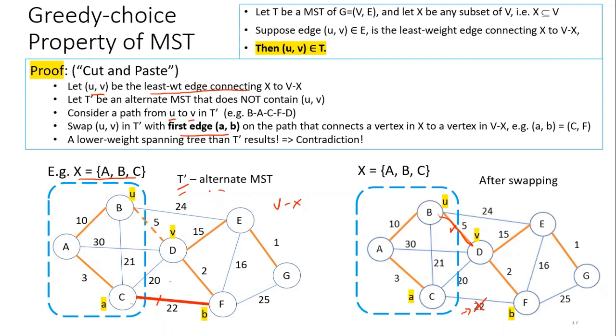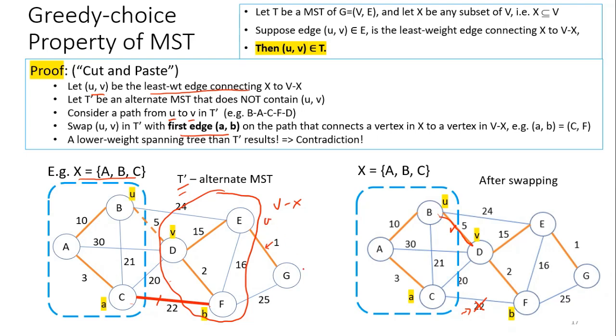So you're taking D, E, and F, and you're cutting out the least cost edge. So that would be a little different example. It kind of gets confusing, but you're going to cut this out.